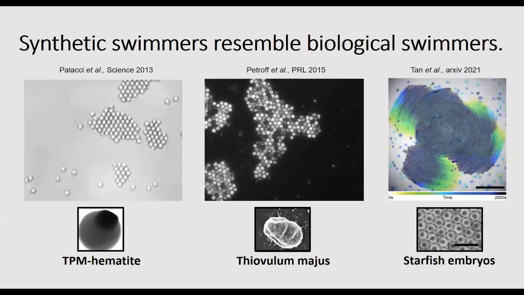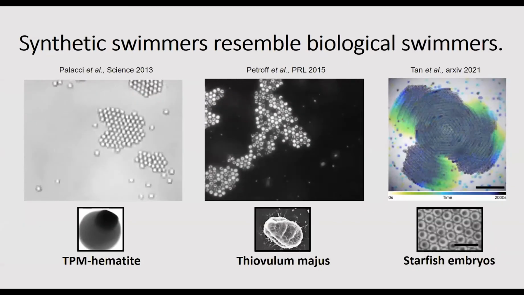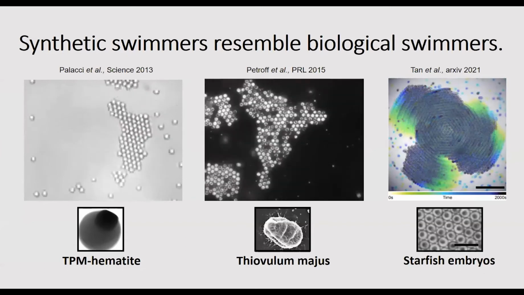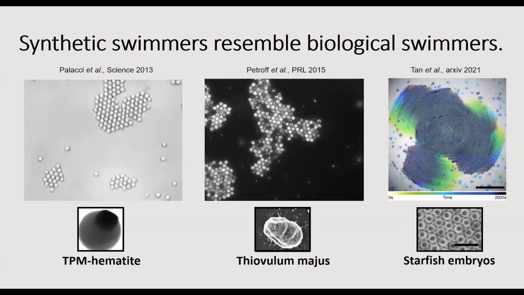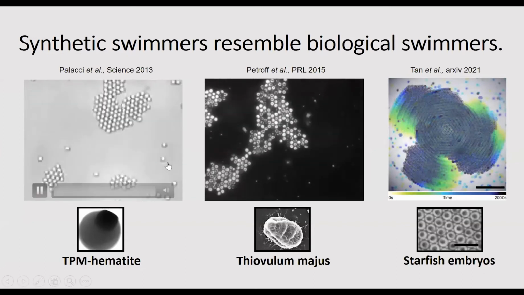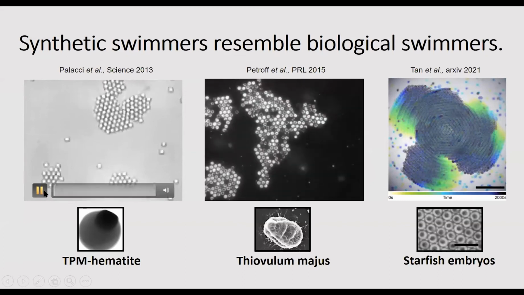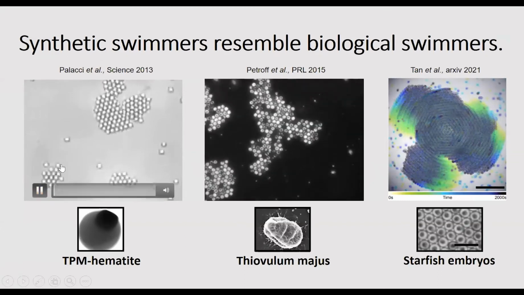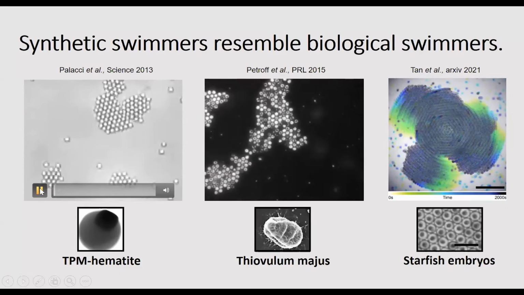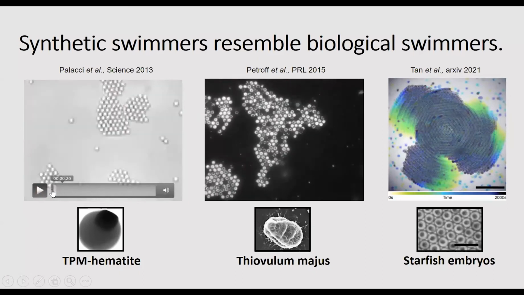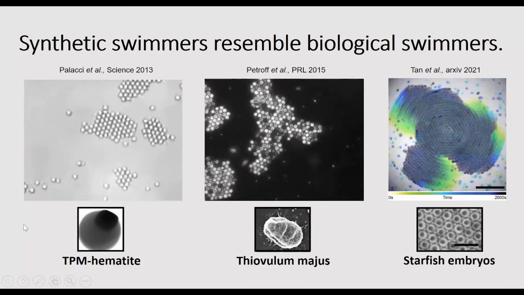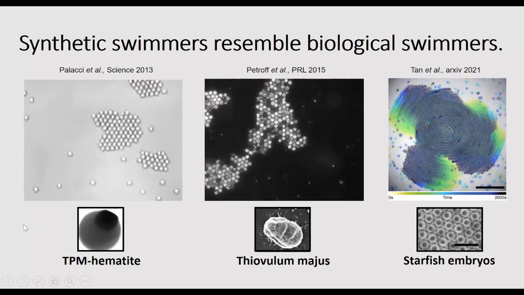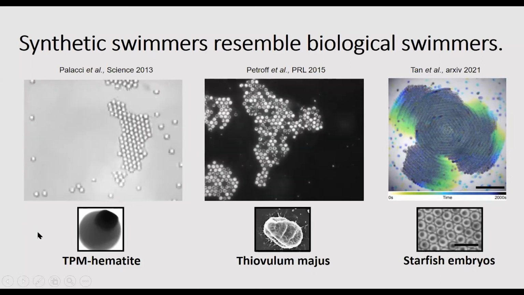As we know, nowadays a lot of research also focuses on preparing synthetic swimmers, which initially were supposed to mimic the motion of biological swimmers. As I hope you can see from this video side by side, these movies show that we are already going in the right direction in preparing biomimetic systems.